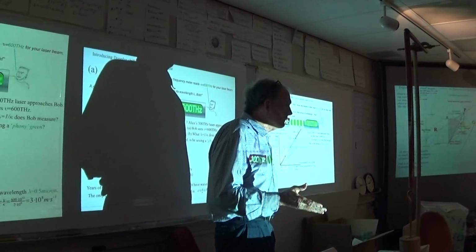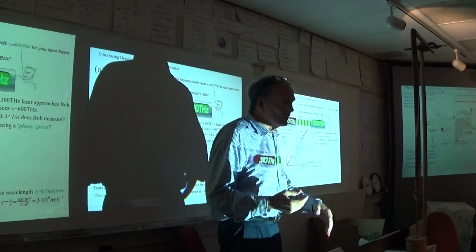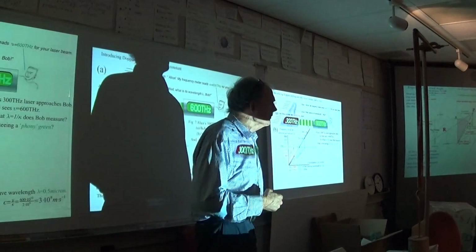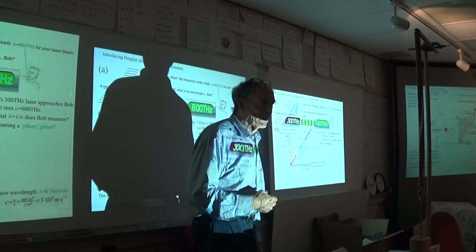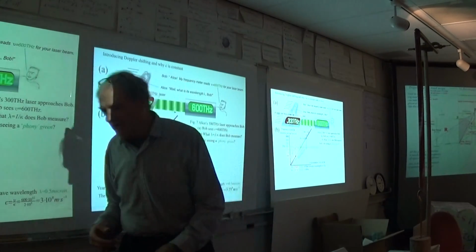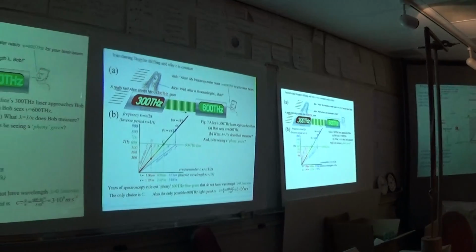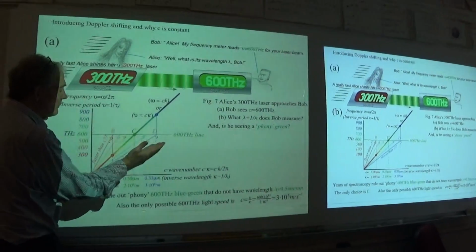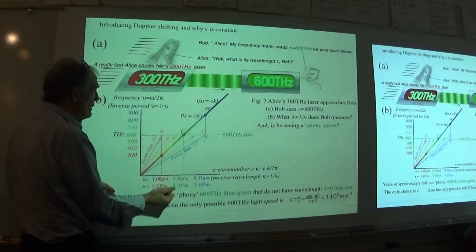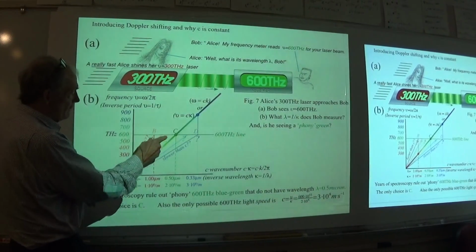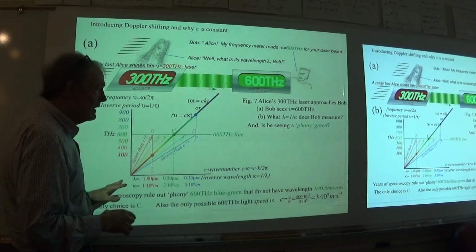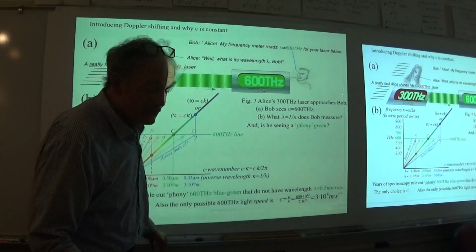And so that light's going to have that 3 times 10 to the 8th meters per second, no matter what I do. Okay, so that is what you see here. This would be slower light, less of a slope, and this would be faster than C if it was over here.